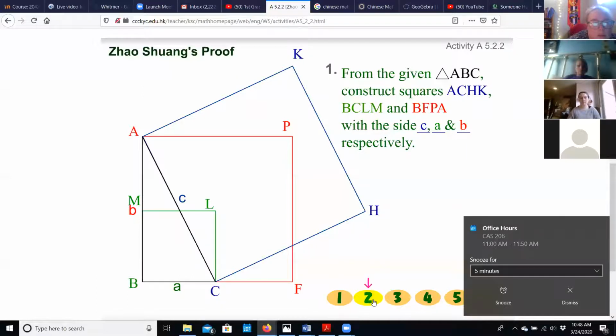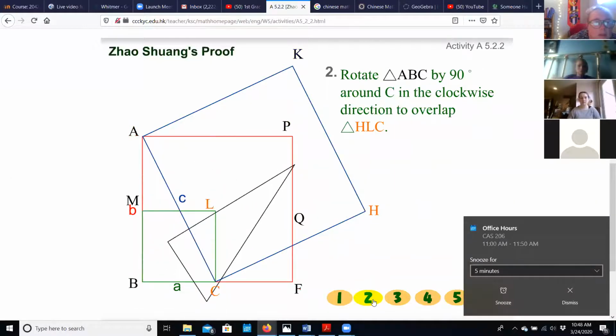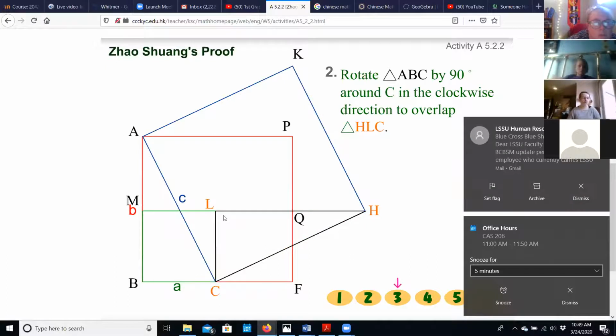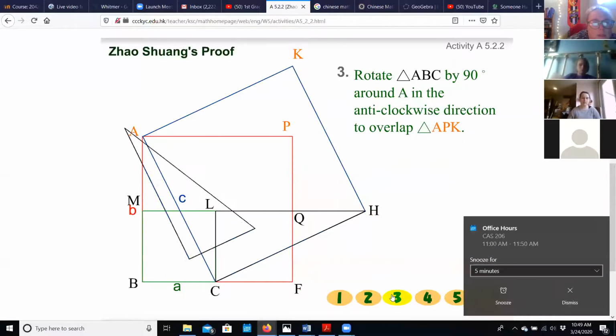Then they take that triangle here and rotate it to within there, and do that again so they all fit nice and neat in that C-squared box, right? Okay, yeah.